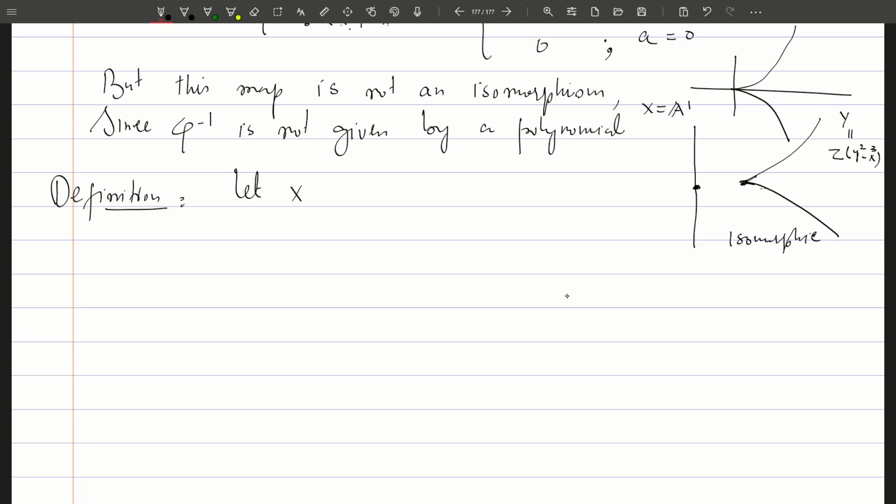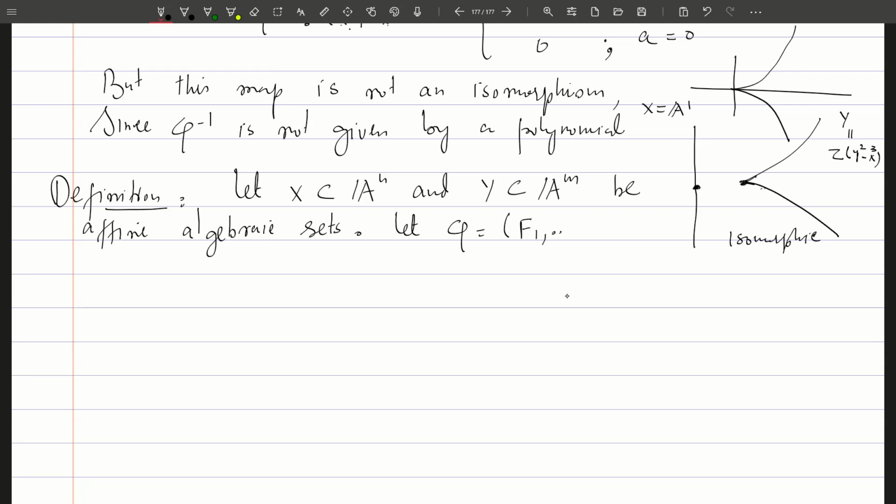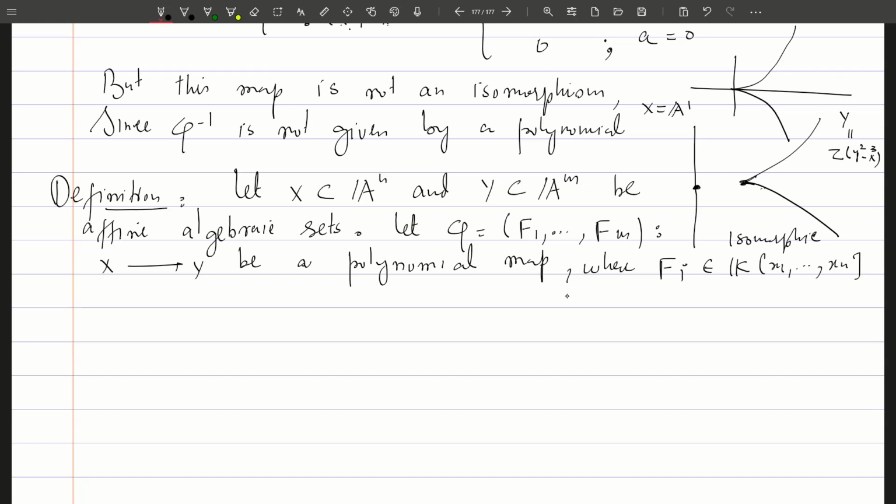Let X be an affine algebraic set and Y be a subset of AM, which is also an affine algebraic set. Let phi be the map (F1 up to Fm) from X to Y. So this is given to be a polynomial map, where these Fi's are in the polynomial ring in n variables, for all i equal to 1 up to m.